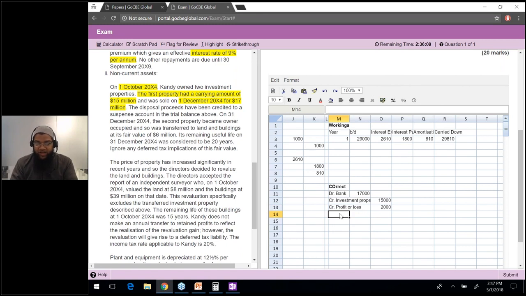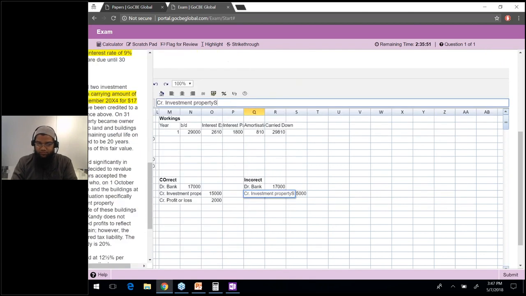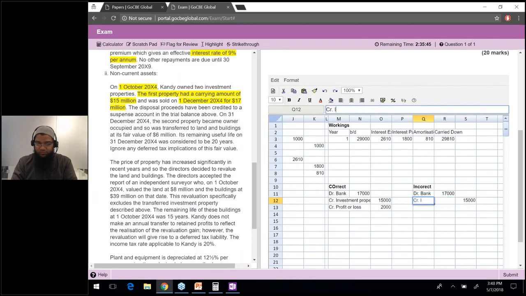But the question has said that they have prepared an incorrect entry. I'm writing it over here. They have prepared the incorrect entry as bank debit and suspense account credit. So now what should be our correcting entry in this case?